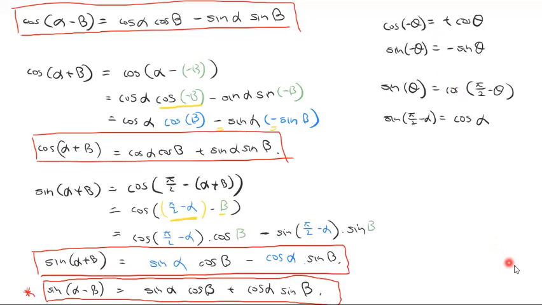Okay, so I'll write 2 of them out to start with, on the next page. And you'll notice we've got sine and we've got cosine, right? So we've worked out that sine of alpha plus beta equals sine alpha cos beta plus cos alpha sine beta.